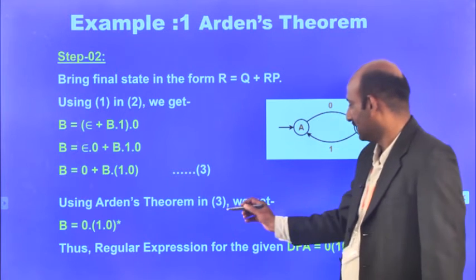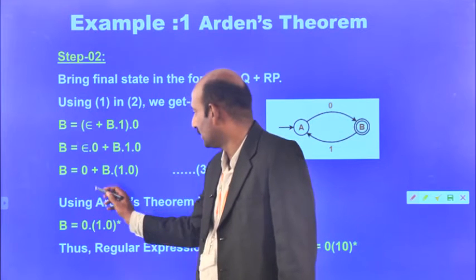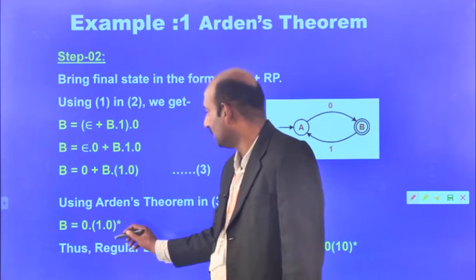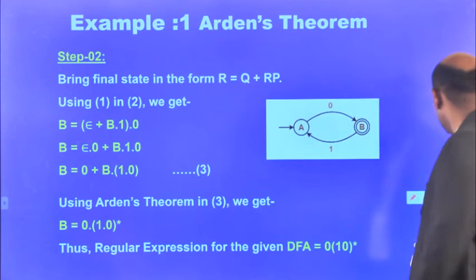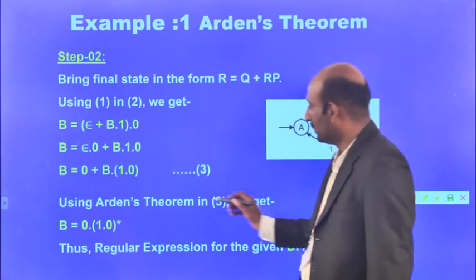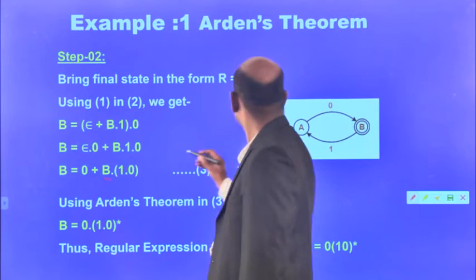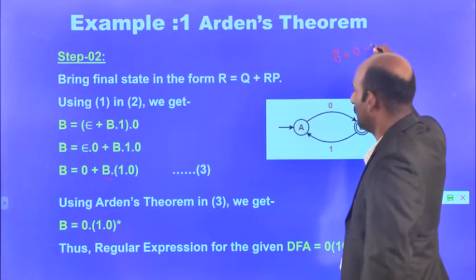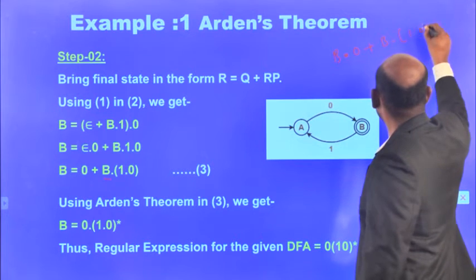Then from equation 3 we get 0, 1.0, that is 1.0. Again B is coming, so again we can substitute. B equals 0 plus B dot 1.0.